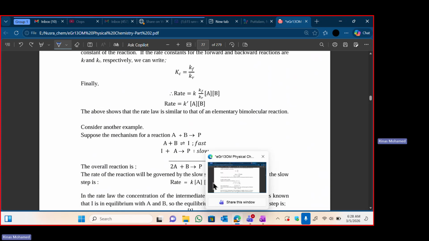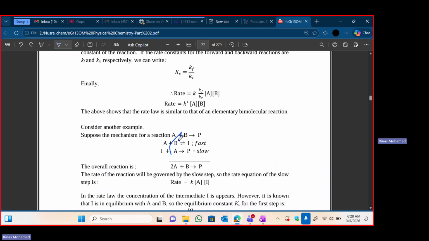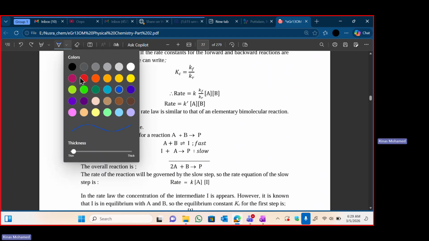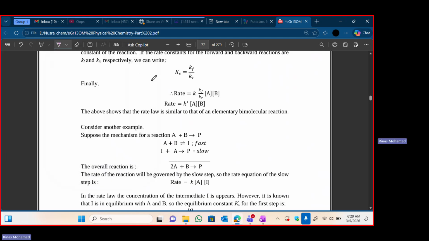For example, we can see another example. Here is another net reaction. I am taking this one. This is the net reaction. What's happening? First A plus B gives the product.